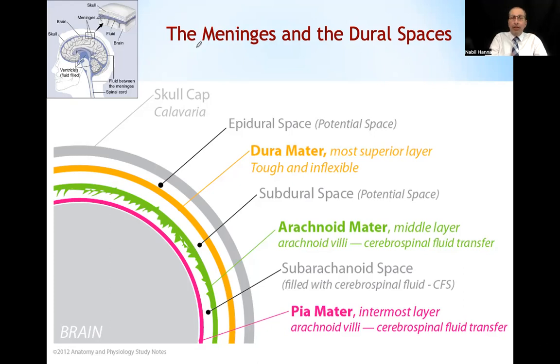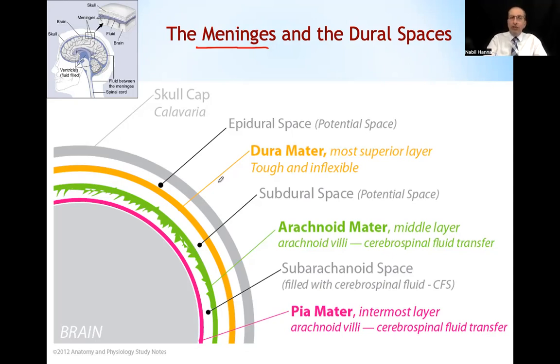And these meninges that cover the brain also extend downwards to cover the spinal cord, as both are contained in the bony compartment, the skull for the brain and the vertebral canal for the spinal cord.